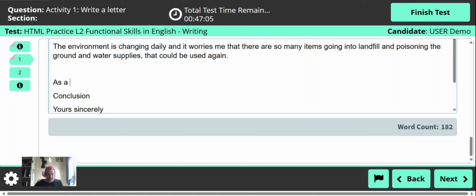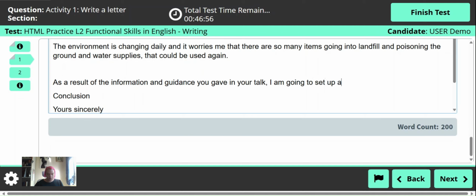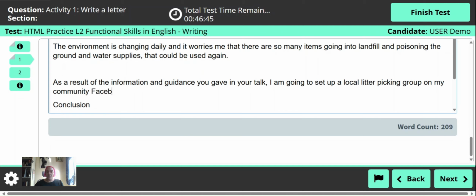As a result of the information and guidance you gave in your talk, I am going to set up a local litter picking group on my community, and remember it's the name of a website, so on my community Facebook page, in order to try and bring back some beauty to the area in which I live.